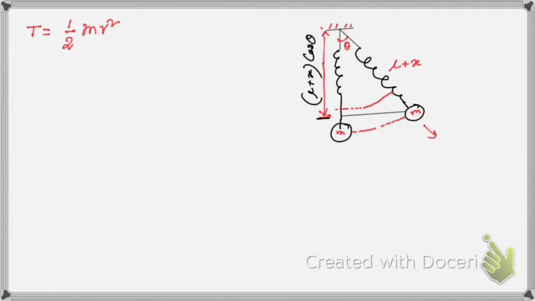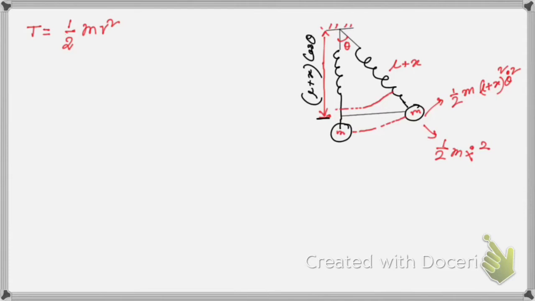Along this direction it is half m x dot square, and the tangential component should be half m L plus X theta dot, whole square. Theta dot represents d theta by dt.